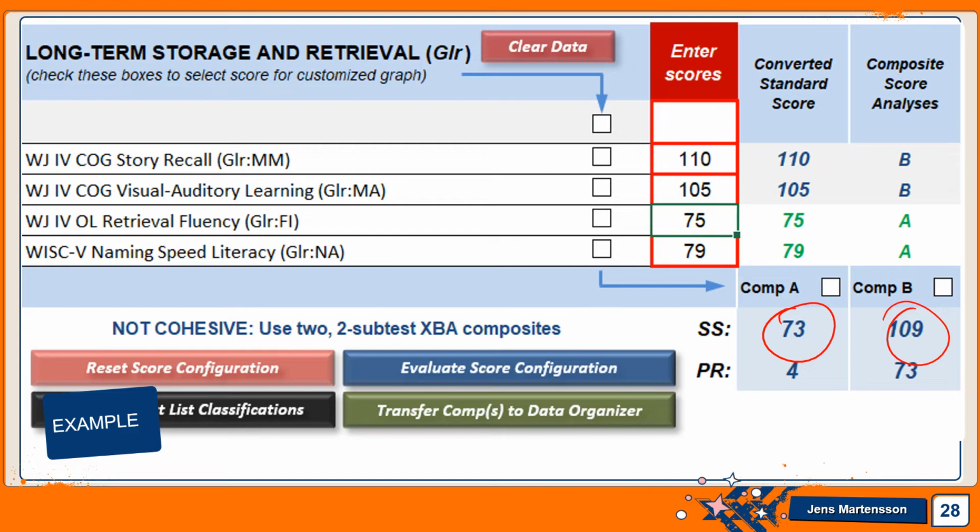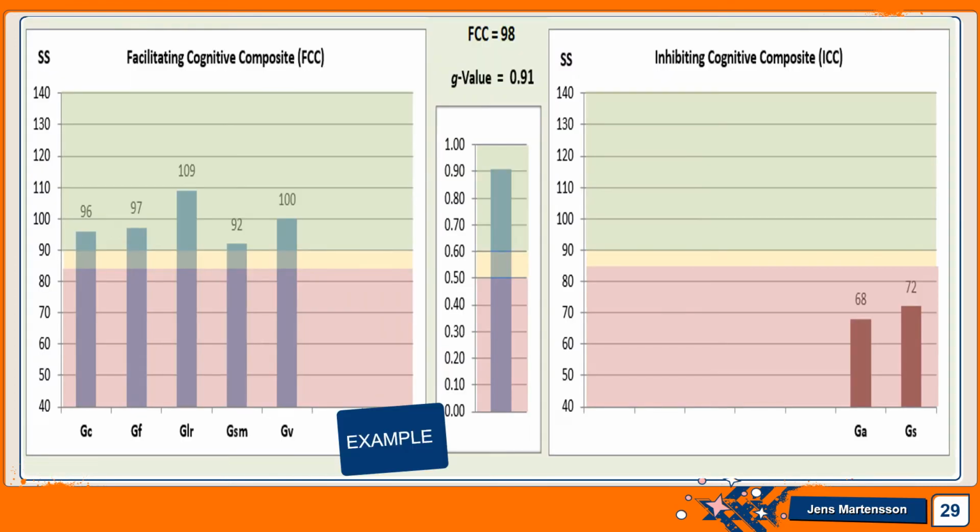Whatever you put in, it just spits the stuff right back out at you. You have to make the decision. So here I had to make a decision. And I saw that the child had a lot of problems in other tests where you had to retrieve things. So guess what? I called GLR an overall strength because I gave him the benefit of the doubt. I just wanted to see what would happen.